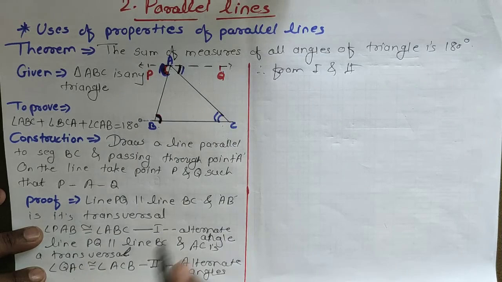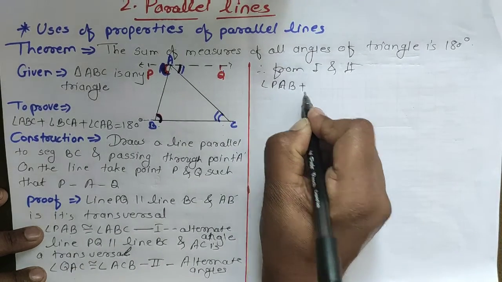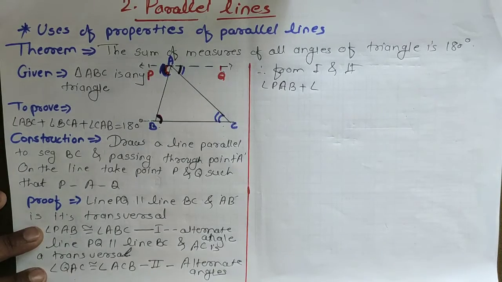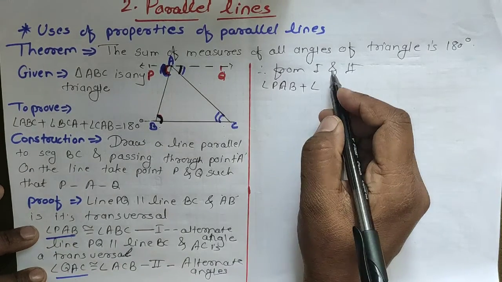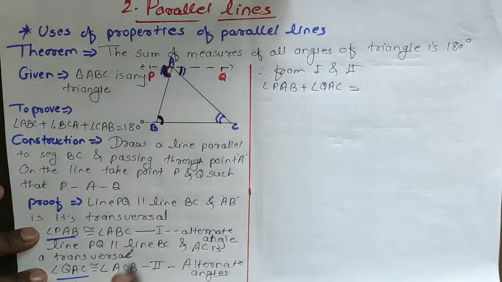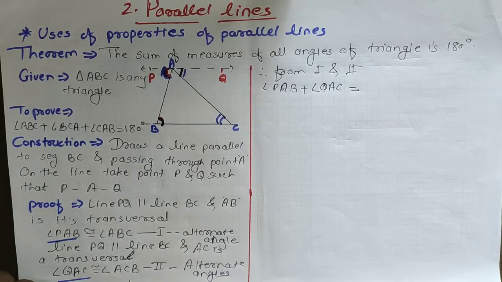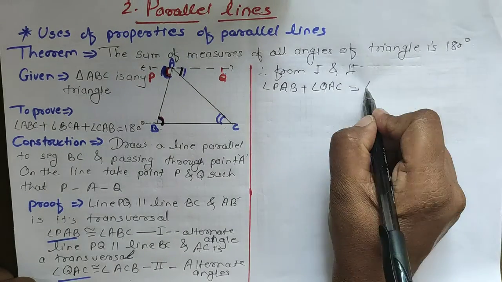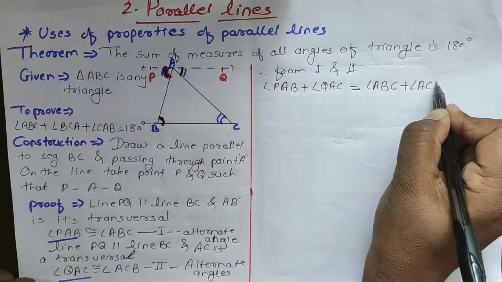First of all, we will add angle PAB plus angle QAC, which is equal to angle ABC plus angle ACB.